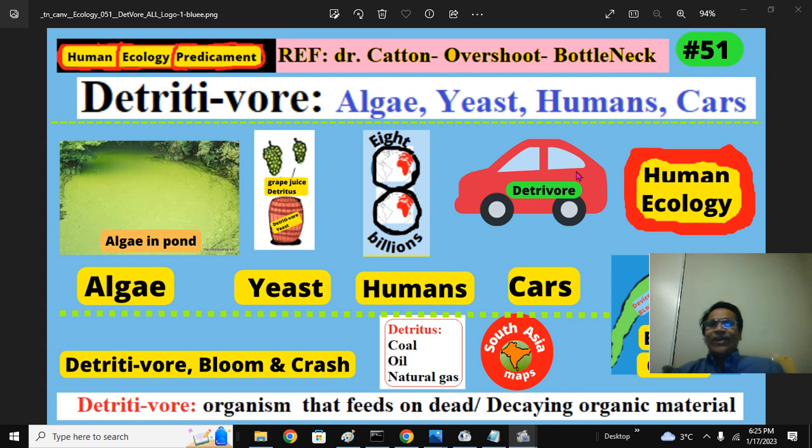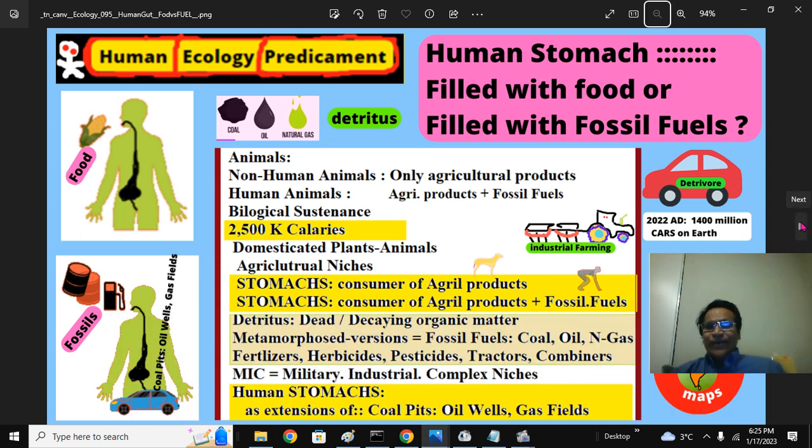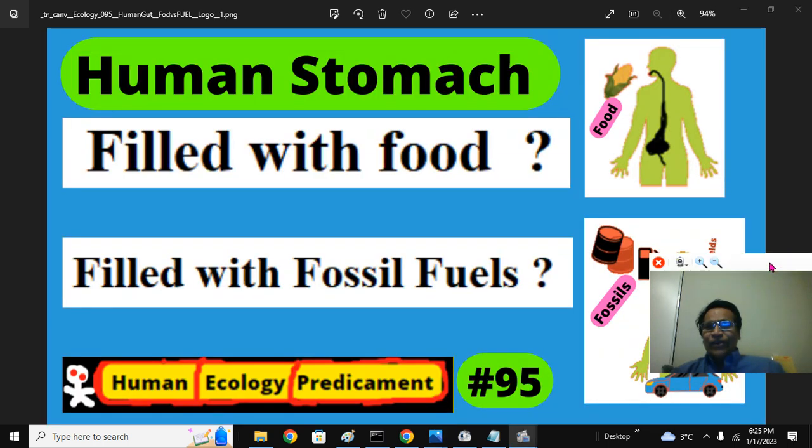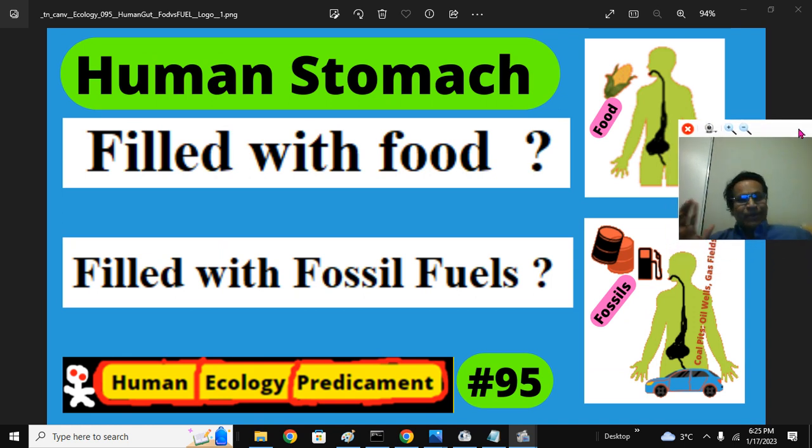That is detritus. So these are all detritivores essentially in nature. Thus, what we have to keep in mind is that human stomachs or human bodies, our human mass or human entities or their extensions, prosthetic cars, are no more filled with food, they are now filled with fossils.